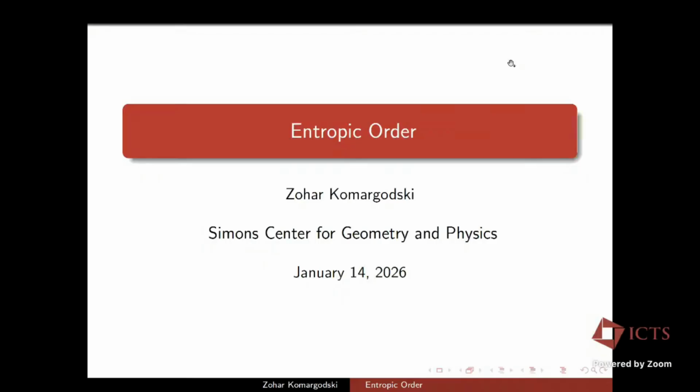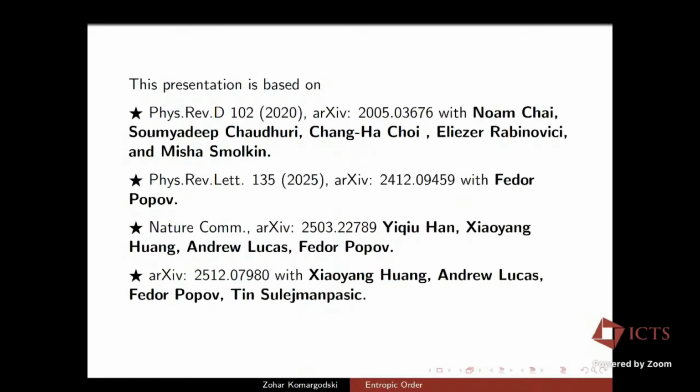So today I'm going to explain some interesting symmetry realizations at finite temperature that we call entropic order. It's based on quite a bit of work that I and others have been involved in over the last couple of years, but especially last year, 2025.